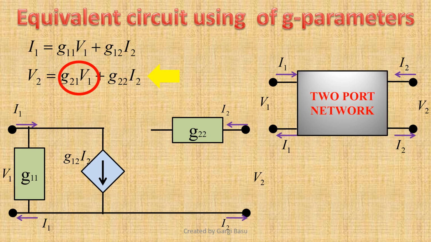It is controlled by the input port voltage V1. So, let us draw G21 V1 a dependent voltage source. Now, we have realized both the equations. So, we have drawn the complete equivalent circuit using G parameters. Hope you shall be able to draw the equivalent circuit on your own now.